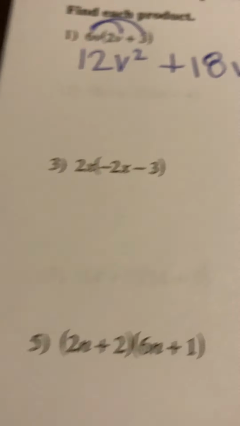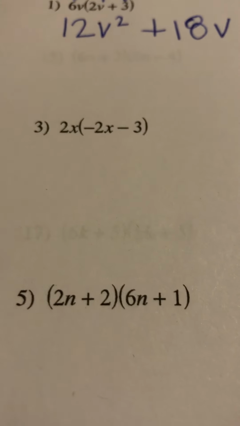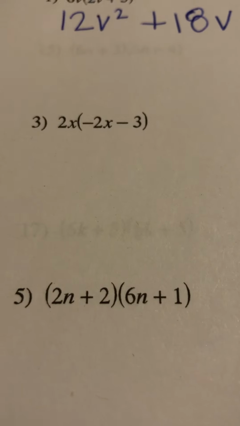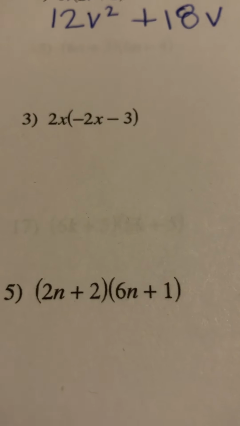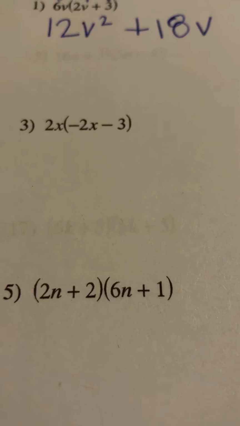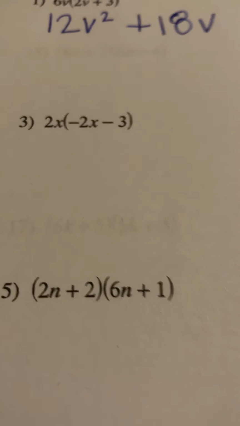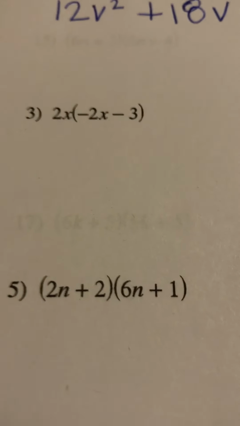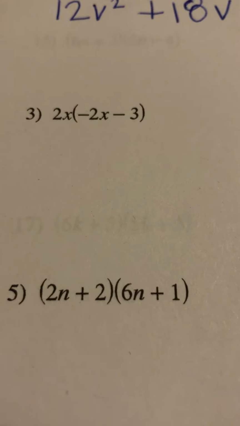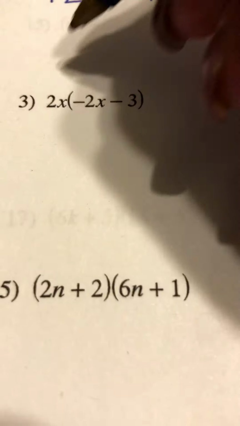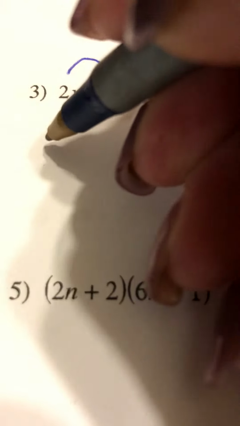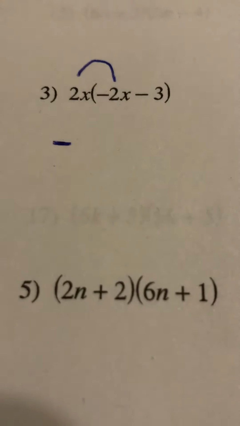If we look at number 3, we're multiplying 2x times the quantity negative 2x minus 3. This time we have a variable, so we're going to have to make sure that we are multiplying the variables correctly, paying attention to the signs, and distributing all the way. So I'm going to multiply 2x times negative 2x. A positive times a negative is going to give me a negative.